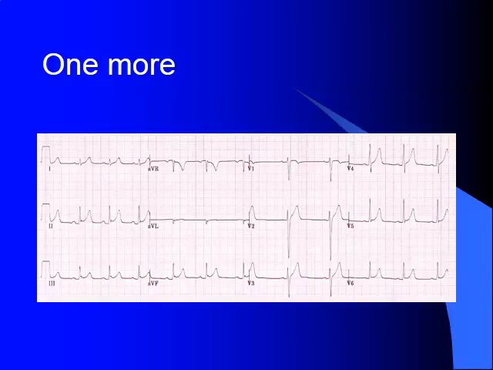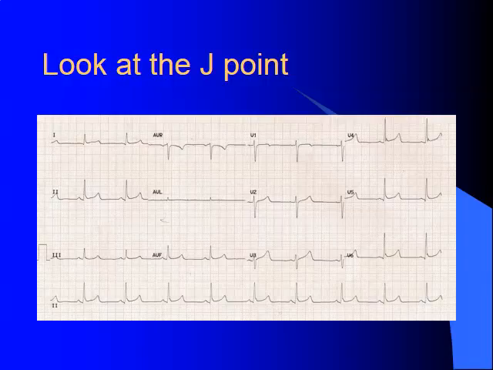We have some ST elevation in V2 through V4, it looks like. But again, the T waves are still asymmetrical. They're non-hyperacute. We don't have any axis deviation, we have good R wave progression, and we don't have any reciprocal changes. So another example of benign early repole.